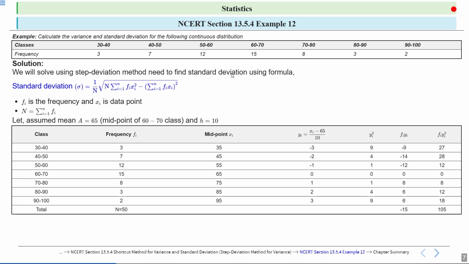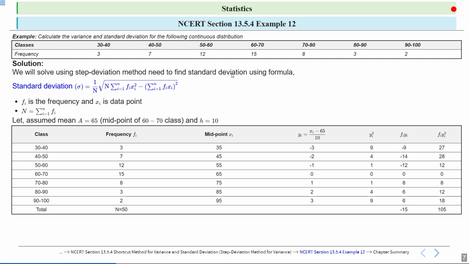In the fourth column we have yi, where the formula for yi is xi minus 65 divided by 10. In the fifth column we have yi square, in the sixth column fi times yi, and in the seventh column fi times yi square.